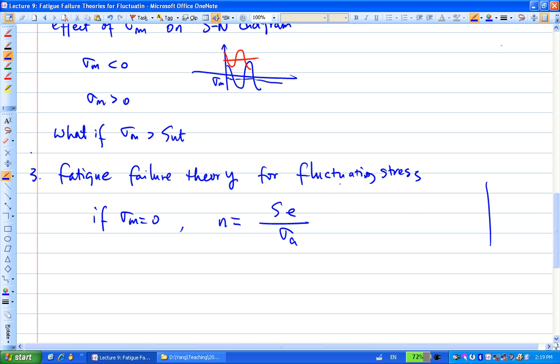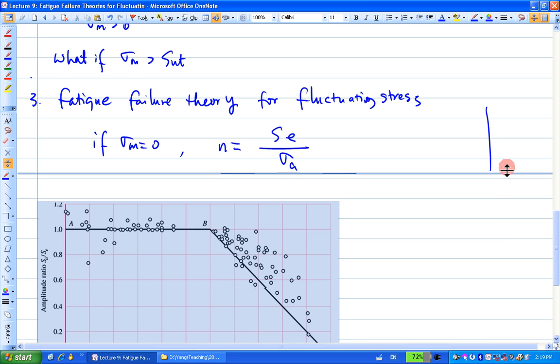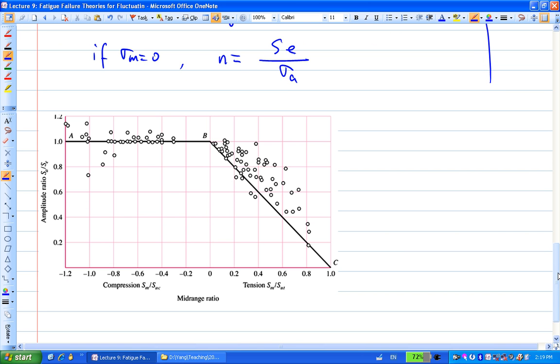So if it is not completely reversed, then what people do is experiments. Okay, yeah. So we need a couple of theories first. So this is one way of doing experiment here. So the way to do experiment is basically it's like this.